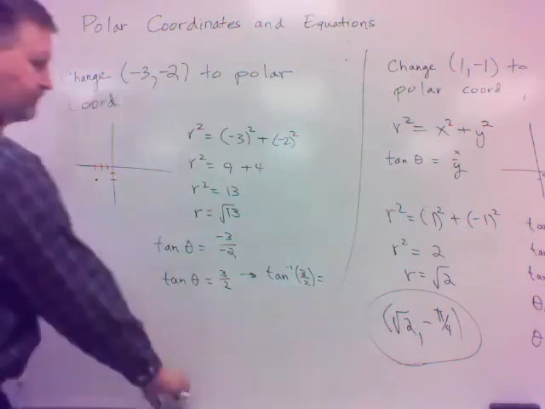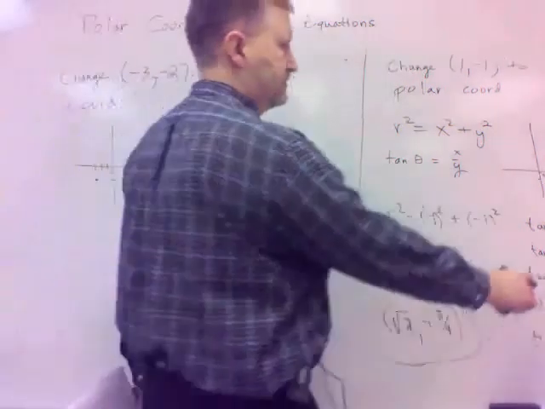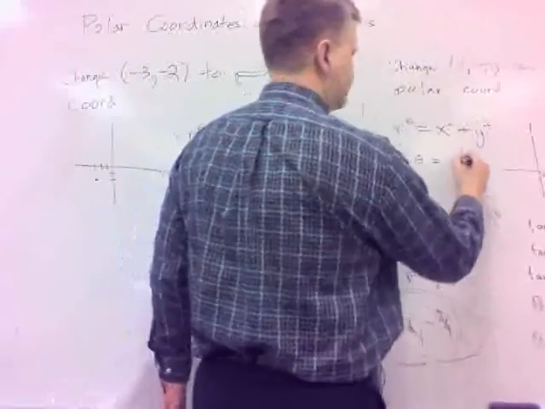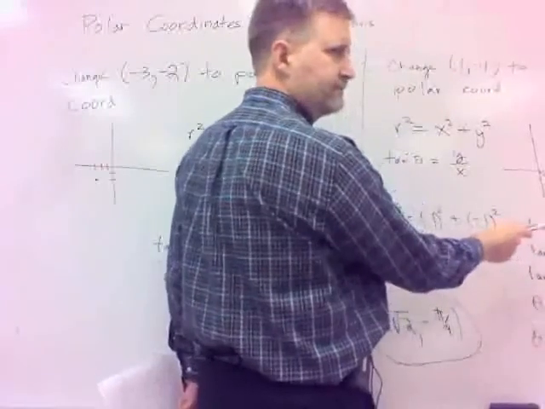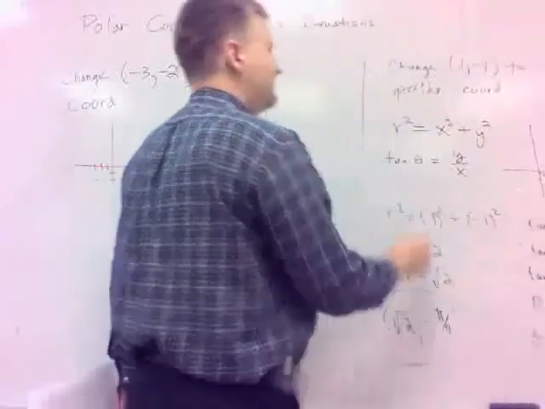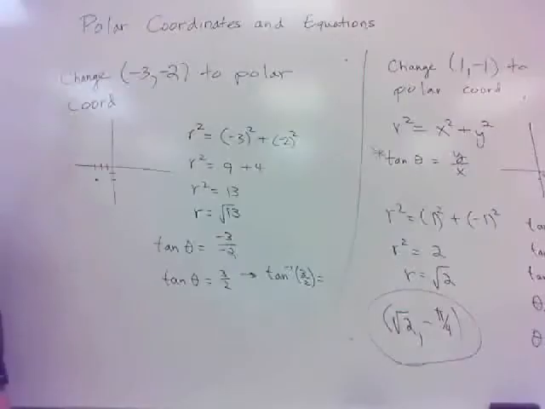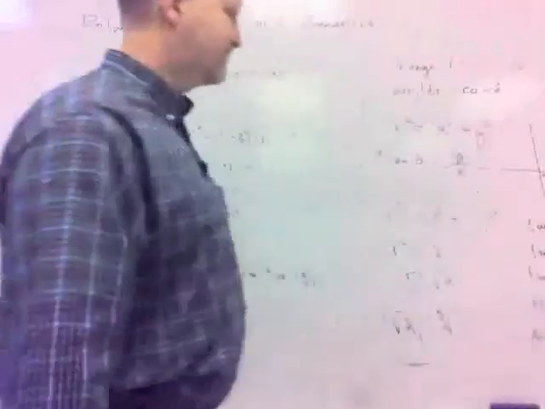Oh, no, I didn't do that right. It's y over x. Oh, shoot. Did I put it wrong a while ago? It's y over x, sorry. Yes. Oh, crap, I'm seeing something else, too. Curses.